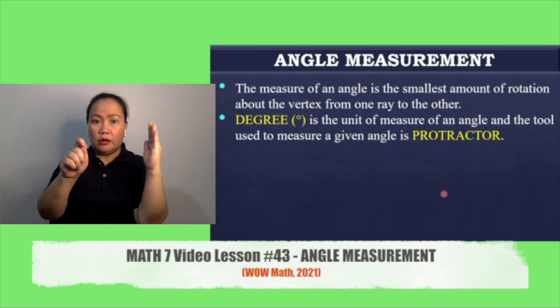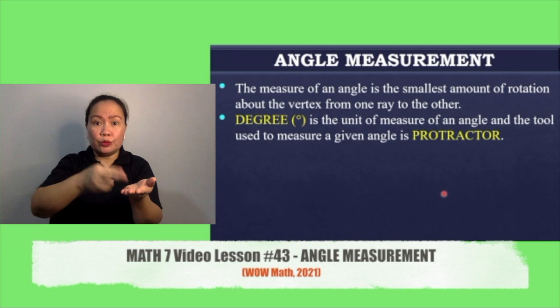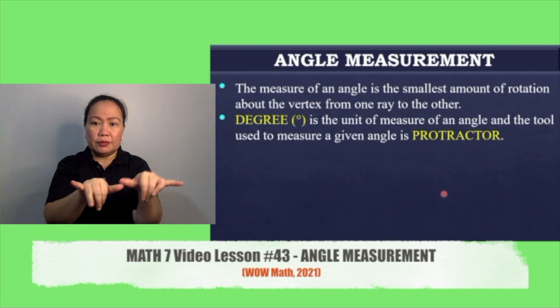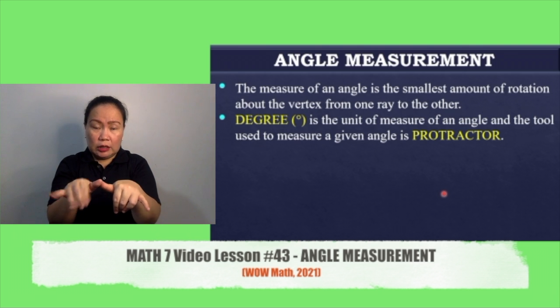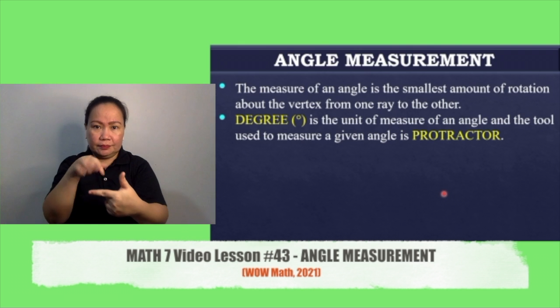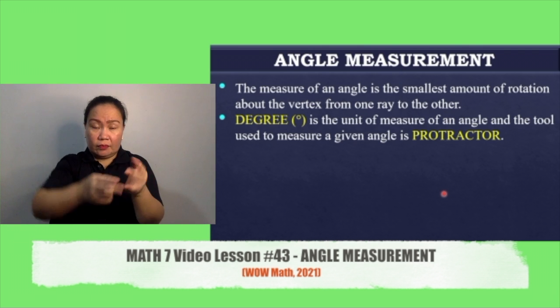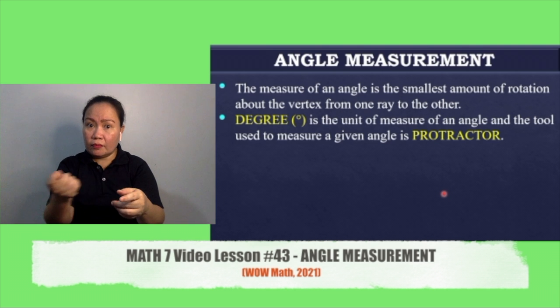The degree is the unit of measure of an angle and the tool used to measure a given angle is protractor. Nabanggit ko na po ito sa part 1 ng ating tutorial sa angles. Ang unit po na ginagamit natin ay degree at ang tool na ginagamit natin para makuha ang measure ng angle ay protractor.